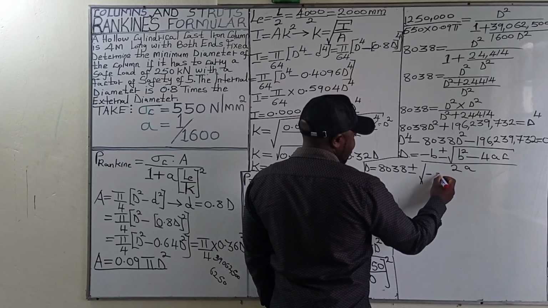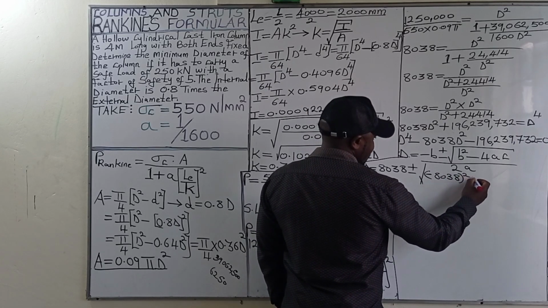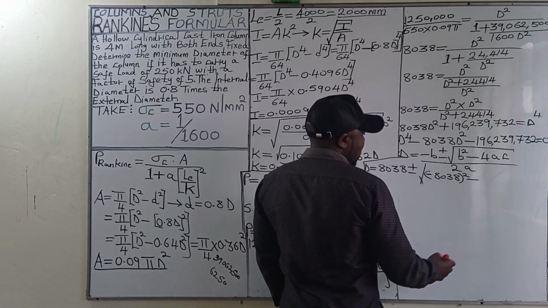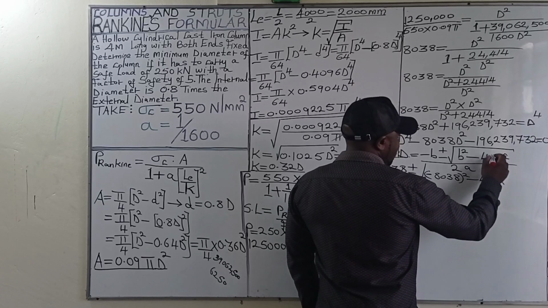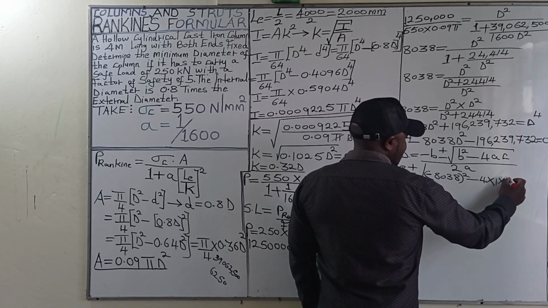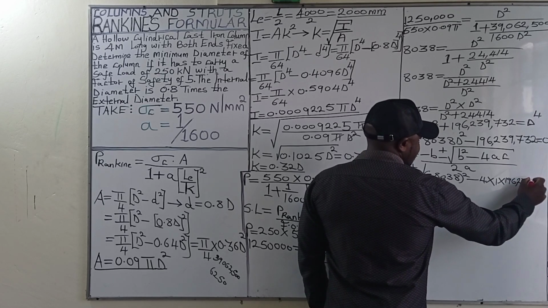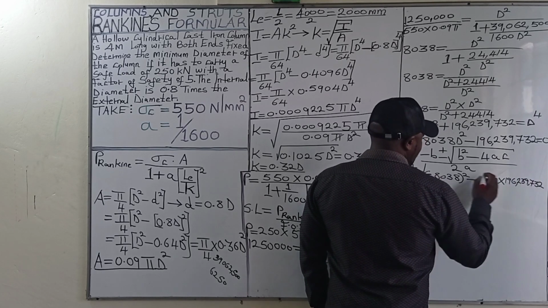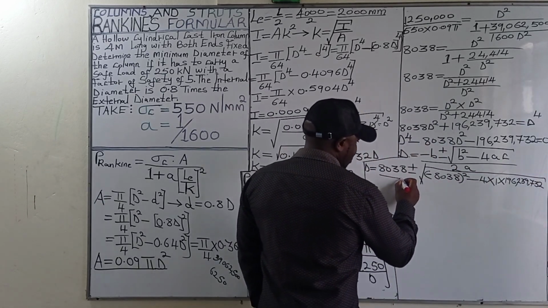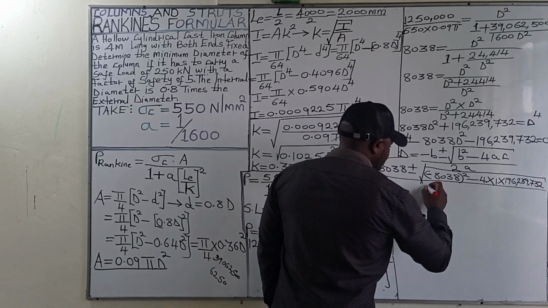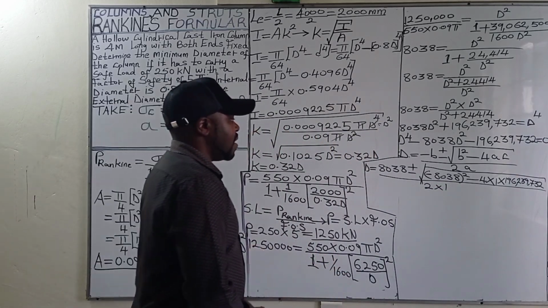B is negative 8038, so that is squared, minus 4 times a is 1, times c, which is 196,239,732. Then all this we are going to divide by 2a, that is 2 times 1, since a is 1.